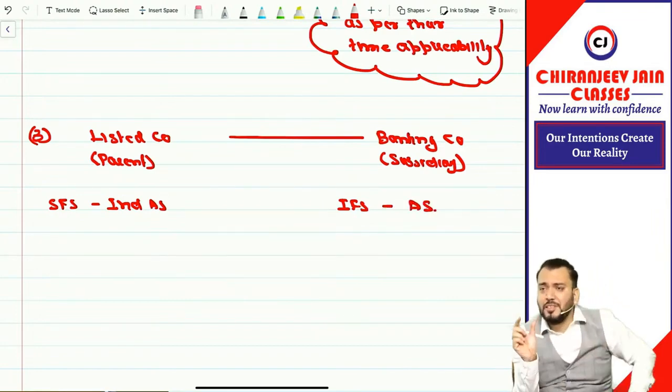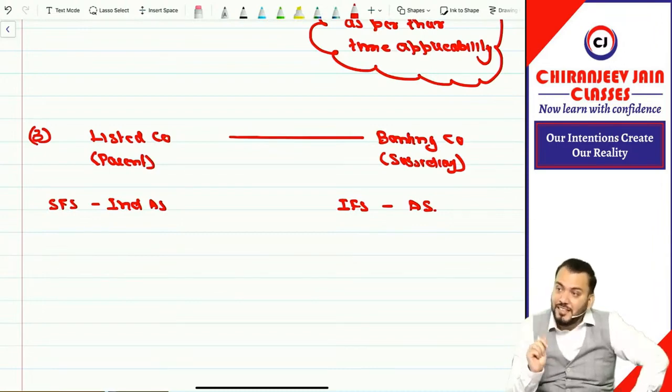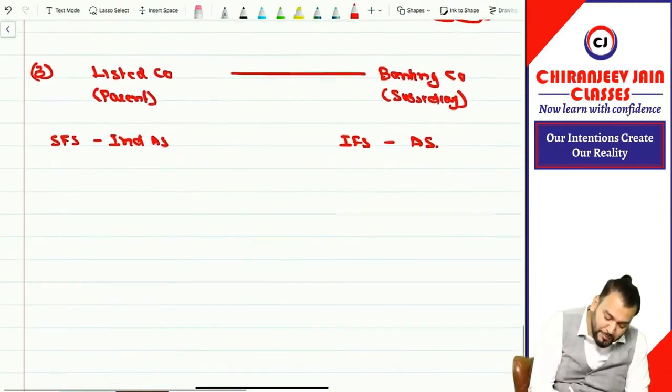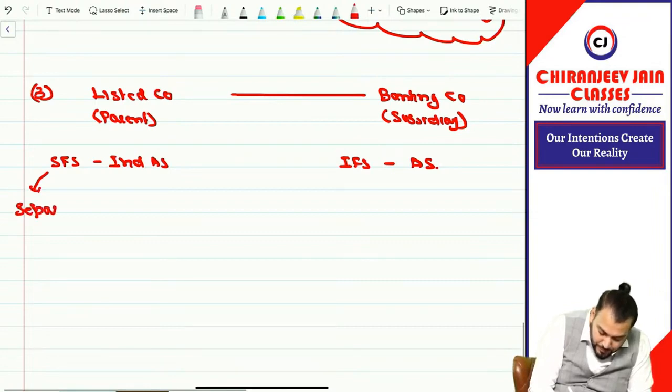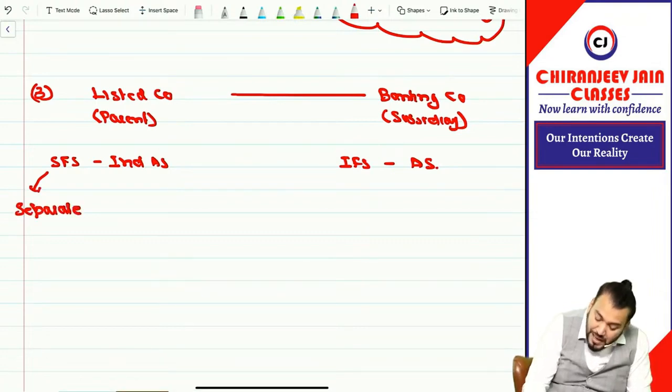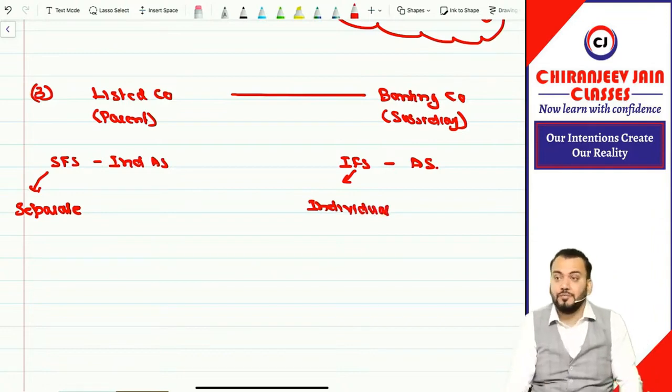When I say SFS, as per Ind AS, what does SFS mean? Separate. Write it down, for the first time you are using it now. When I say IFS, IFS means what? Individual. Both are different terms.